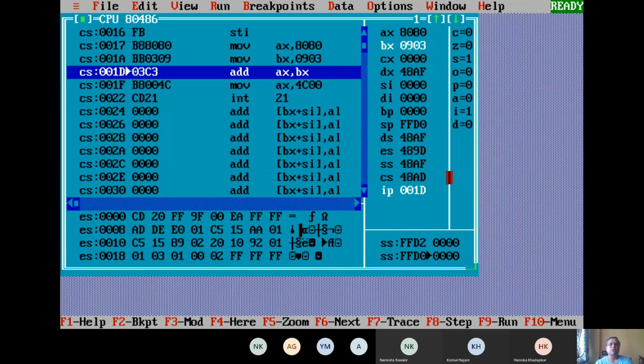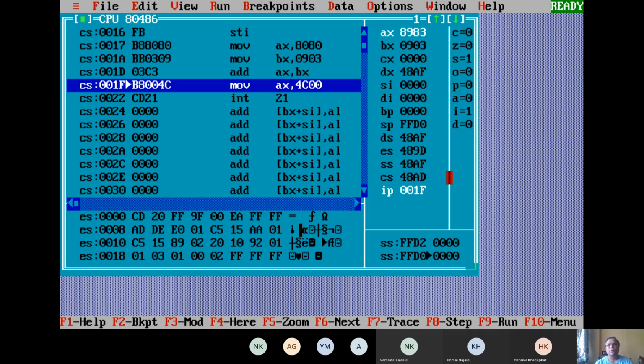According to the 8086 processor, the second option is correct. 8086 processor doesn't consider 16-bit parity. It considers just 8-bit parity. Let us execute the instruction add. So you can see the result created is 8983 and you will find the parity flag is still clear.